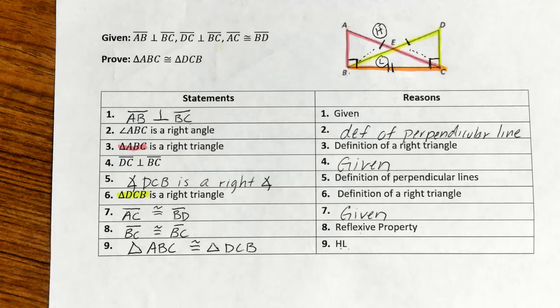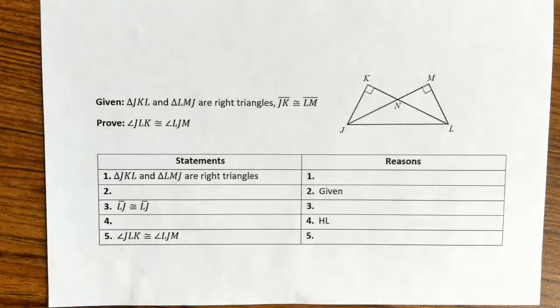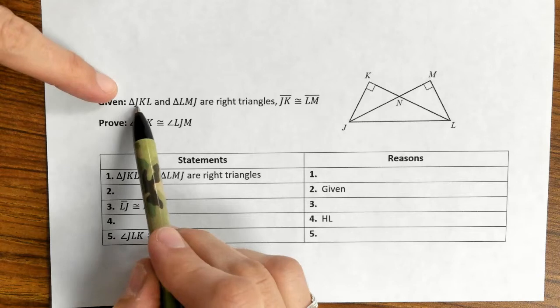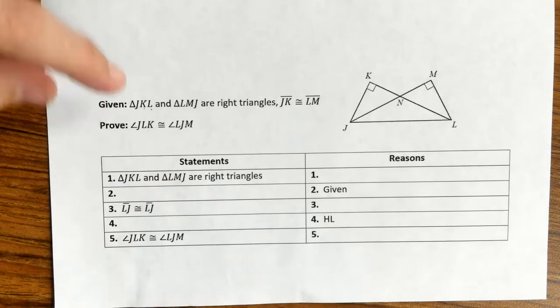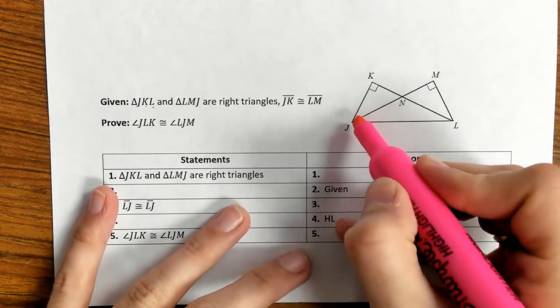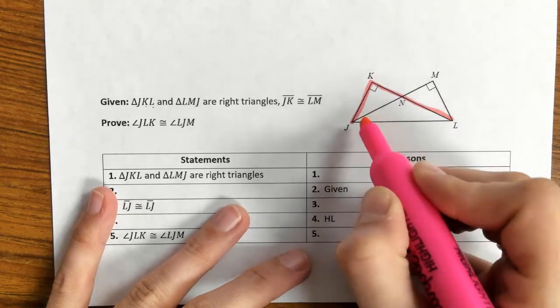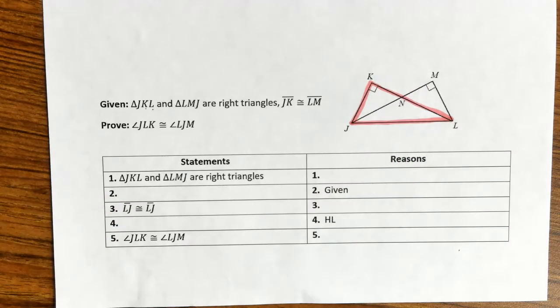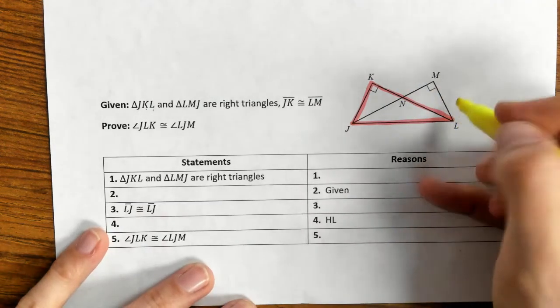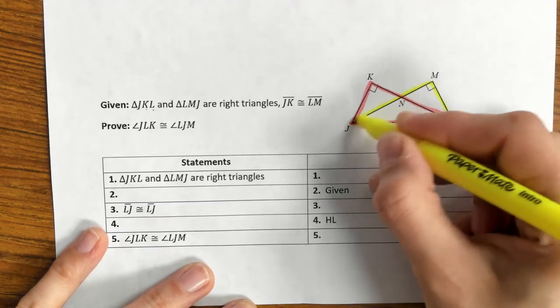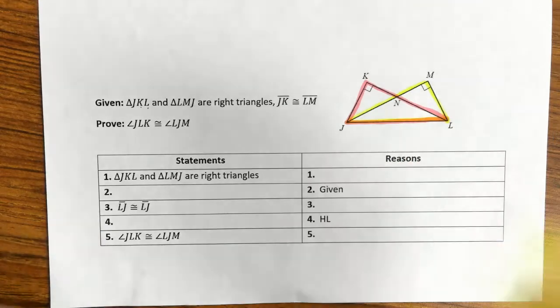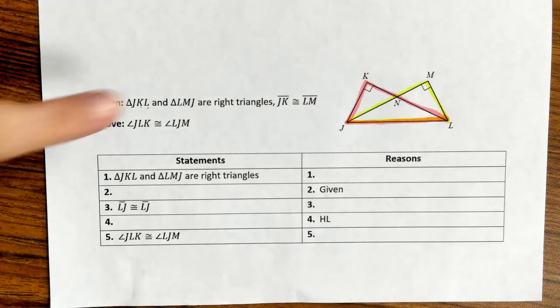The next property, the next proof down at the bottom, we'll take a look at. We are going to start off with triangle JKL. So we have J to K to L, this triangle right here, and triangle LMJ, this guy right here, are right triangles.